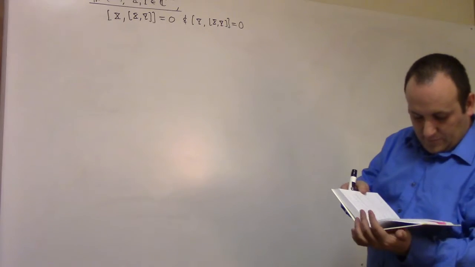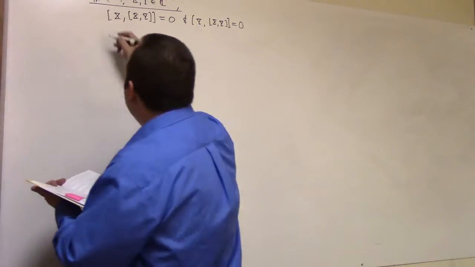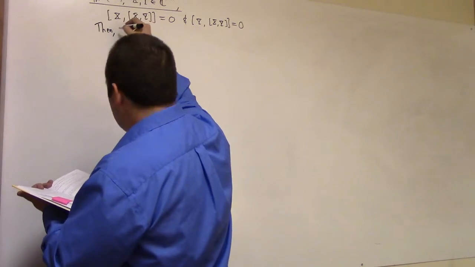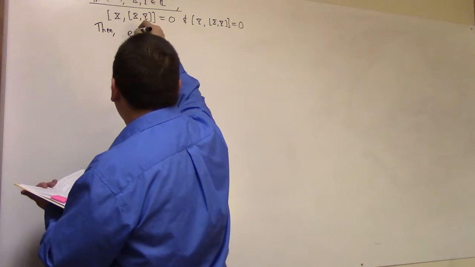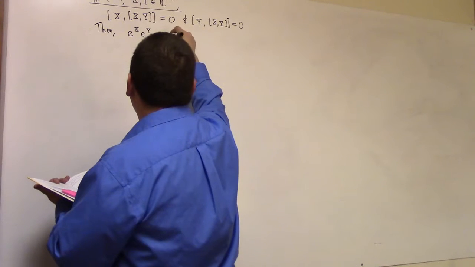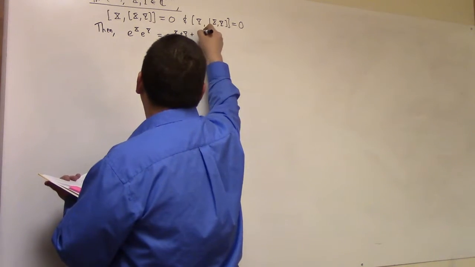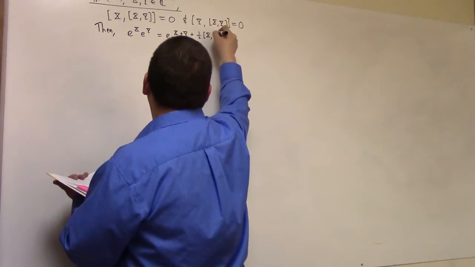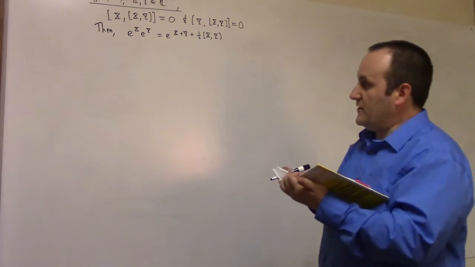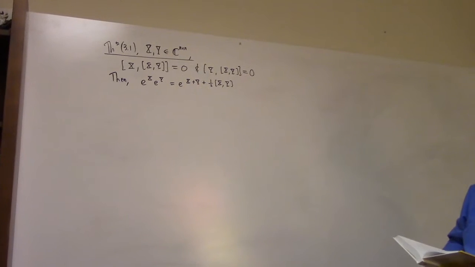But the method of proof here is interesting, okay? Then, well, I guess we haven't really said anything yet, have I? Like here's the theorem, here's conditions. Aren't they interesting? No. Then, here's actually the theorem. e to the X, e to the Y is equal to e to the X plus Y plus 1/2 commutator of X and Y. So basically this is a special case of the Baker-Campbell-Hausdorff relation.